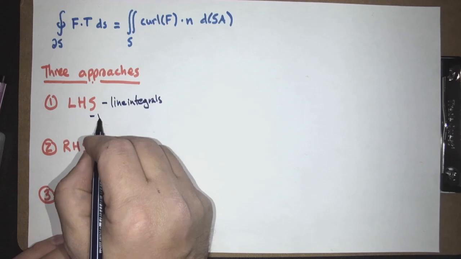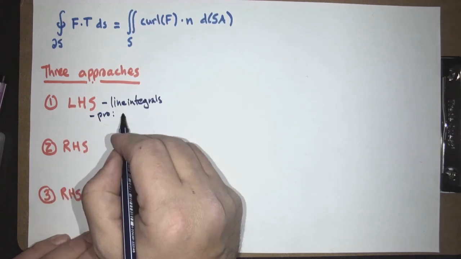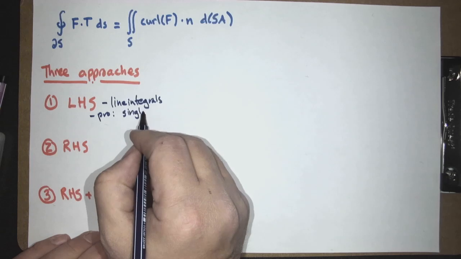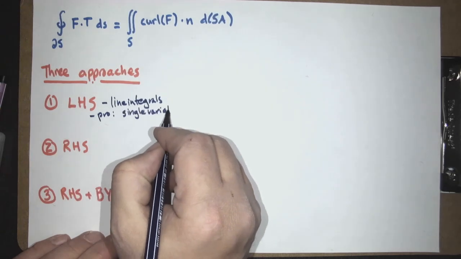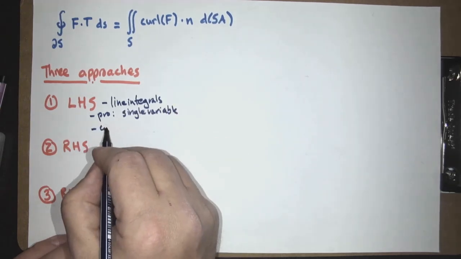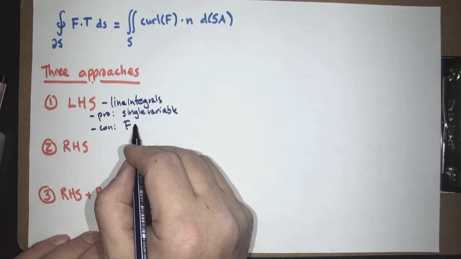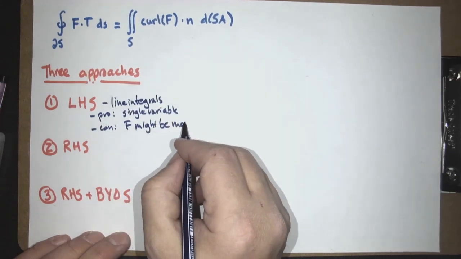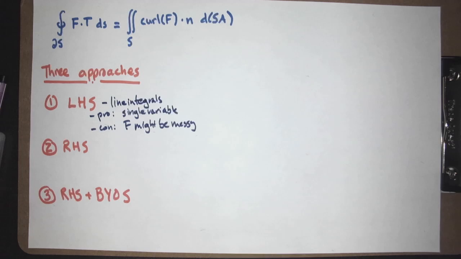Well, one pro, usually it's a single variable integral. That's a plus. What's a con? Well, F might be messy. So there can be a challenge when you're doing the left-hand side. But it's a perfectly valid way to approach it.